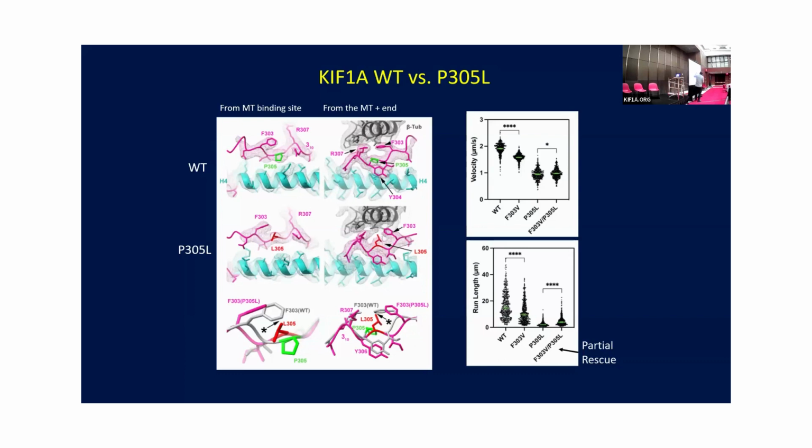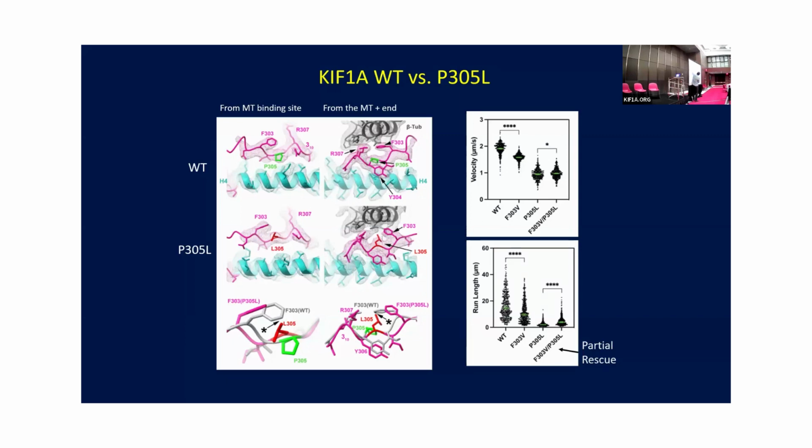Based on other studies, people have thought that this area here, that is also part of the microtubule binding site, will change, because this is an area that is conserved in all kinesin, so it's supposed to be very important. But we see very little change here. And then we see that these residues on this side of the molecule, the N-terminal, do change position.